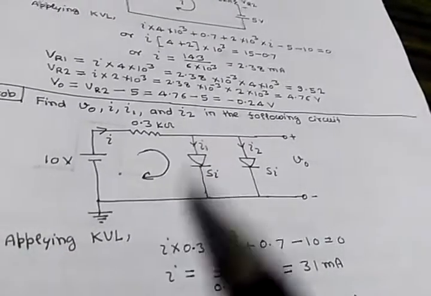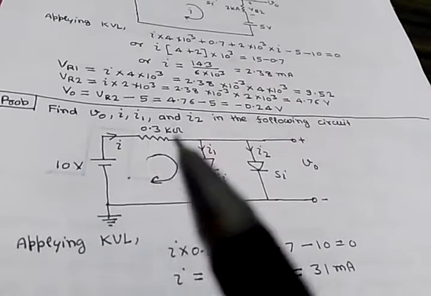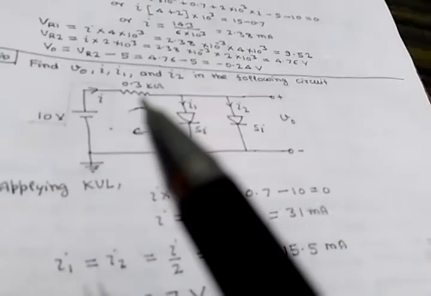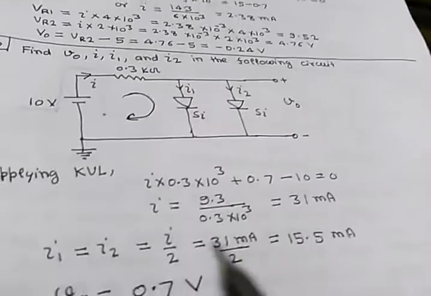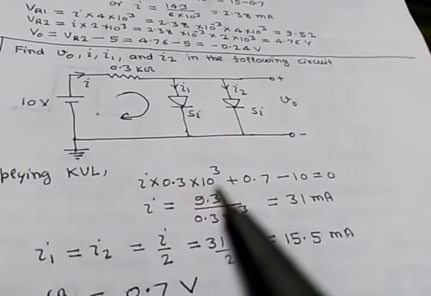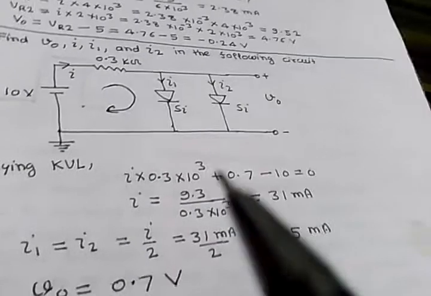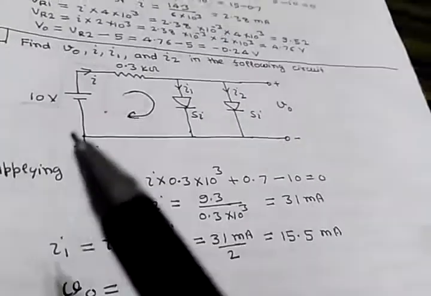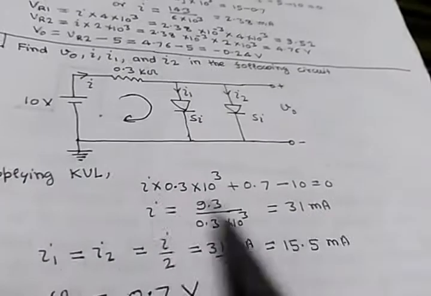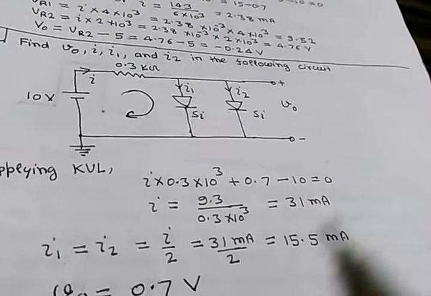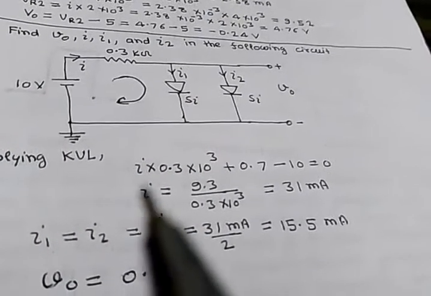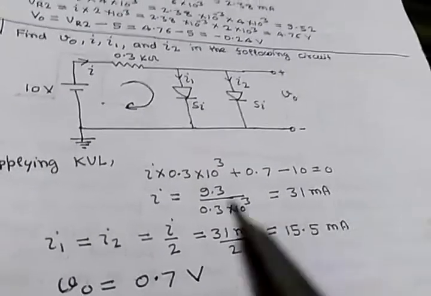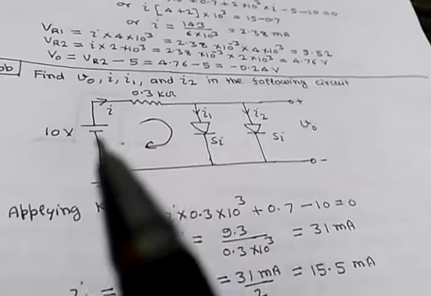Start from this resistor: I into 0.3 into 10 to the power 3 plus voltage across the diode 0.7 minus 10 volt equals 0. This is the KVL equation. Solve this: I equals 31 milliampere. I will be the total current flowing in the circuit.